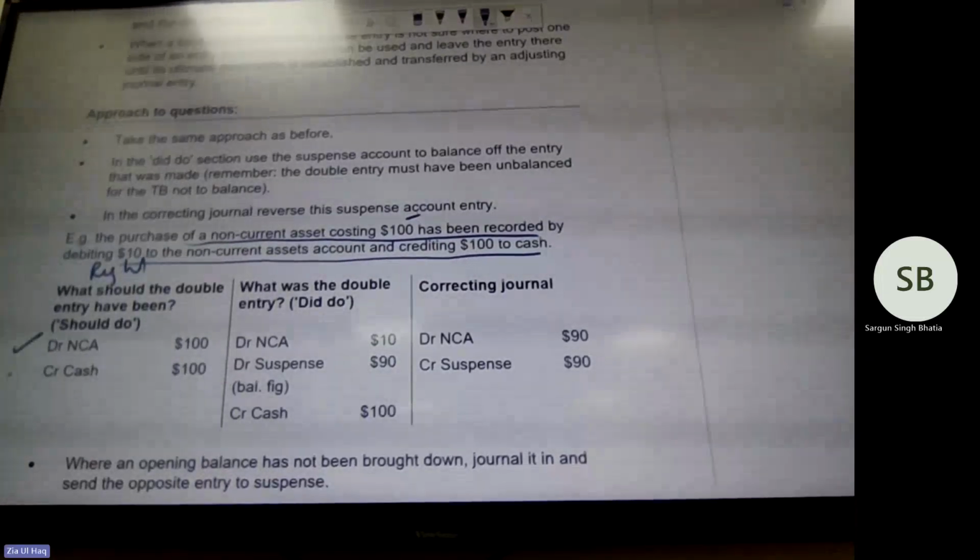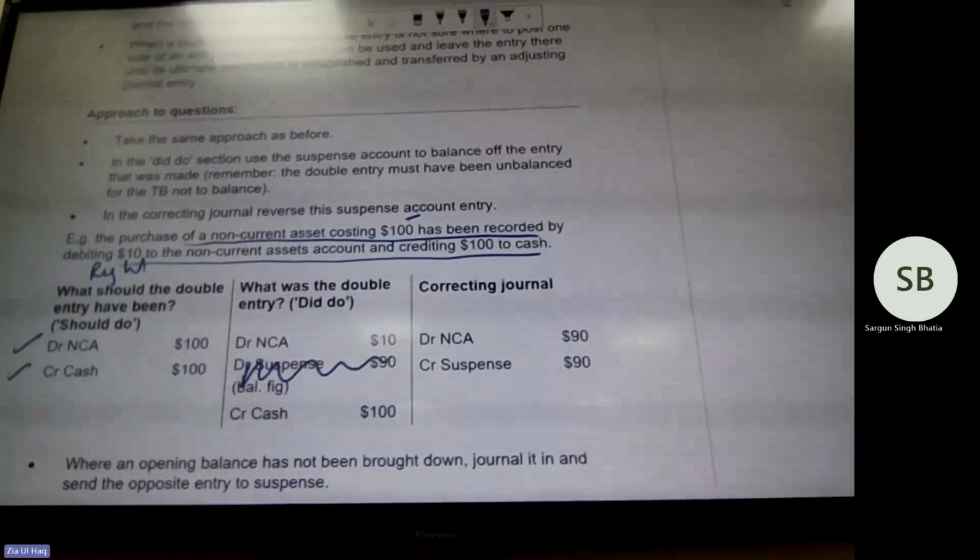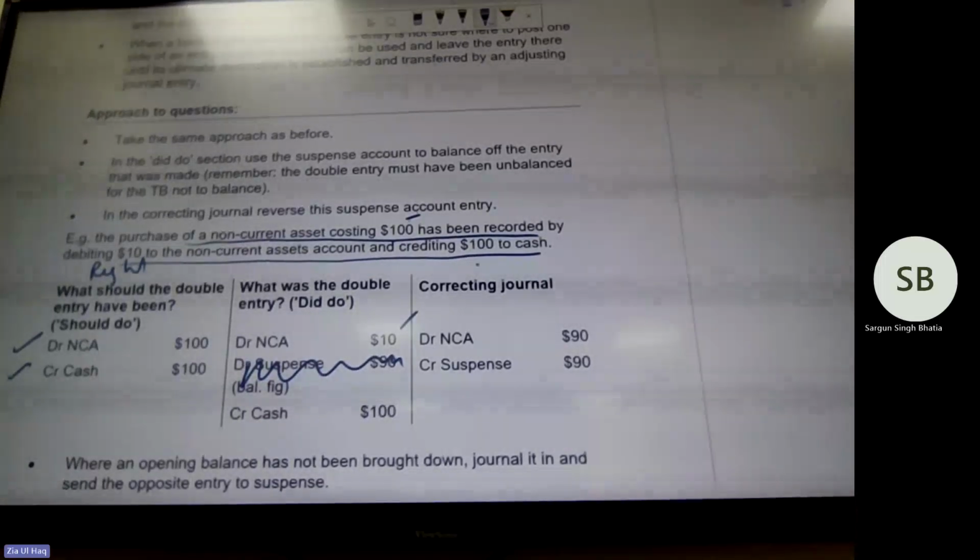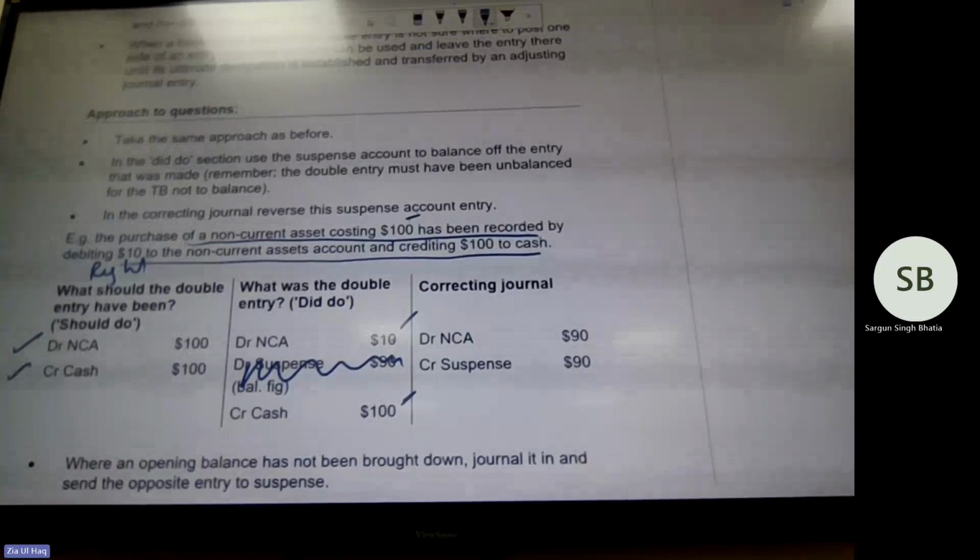Asset debit, cash credit. With how much amount? 100. What have you done? You have debited the asset with 10 and recorded cash with 100. Meaning debit and credit are not matching with each other.